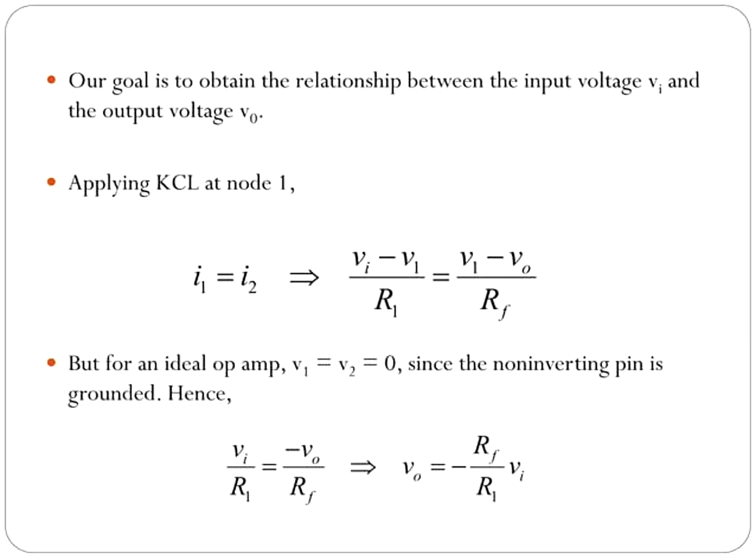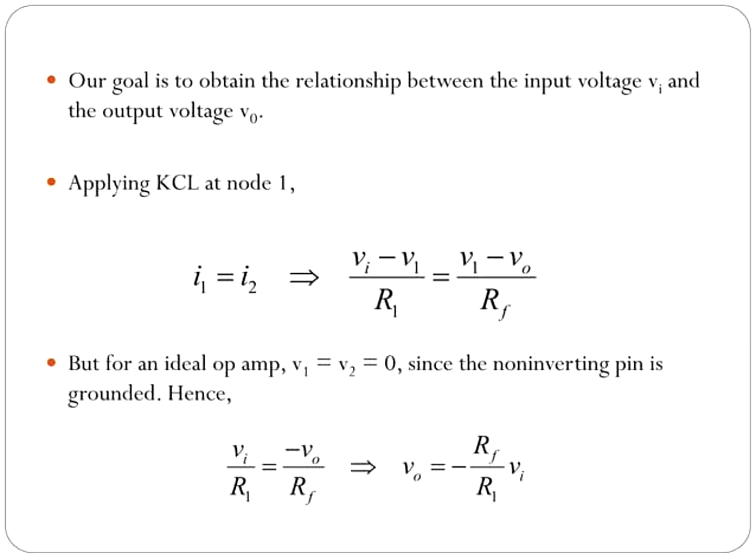Virtual grounding means the node voltages at both the input terminals, that is VA and VB, will be 0, which means they will be equal. According to that virtual grounding method, the current I1 will be equal to I2, and similarly, with the help of Kirchhoff's current law, we are going to find what is I1 and what is I2.